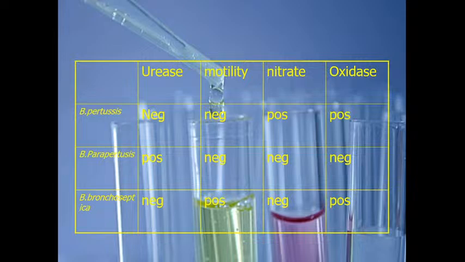Everything else will test positive for urease except for Bordetella pertussis. Motility, as I mentioned before, every member of Bordetella will have a negative motility except for bronchoseptica. Everything else will turn negative for nitrate except for Bordetella pertussis. And for oxidase, everybody will test positive except for Bordetella parapertussis.